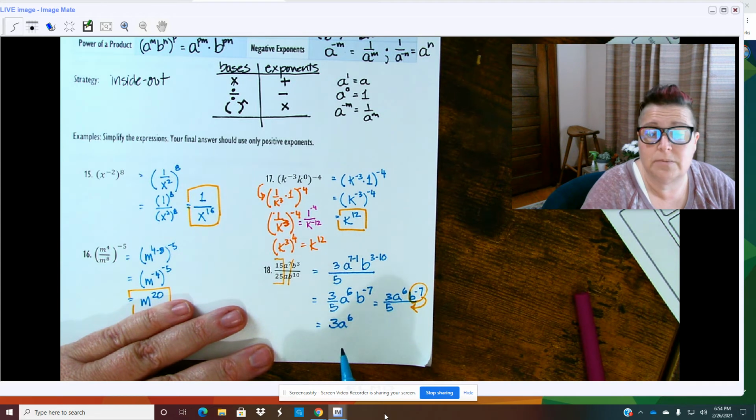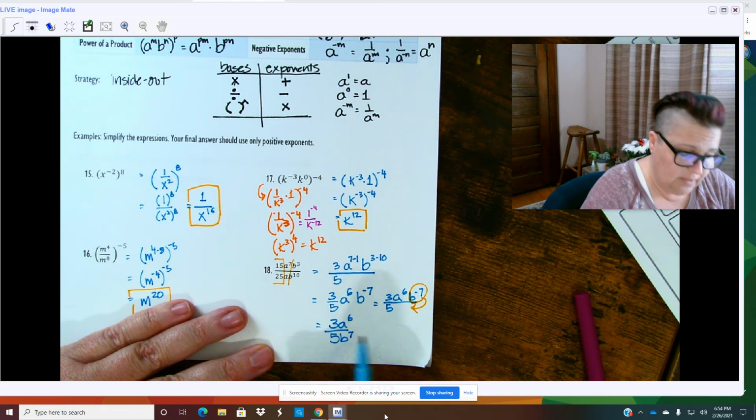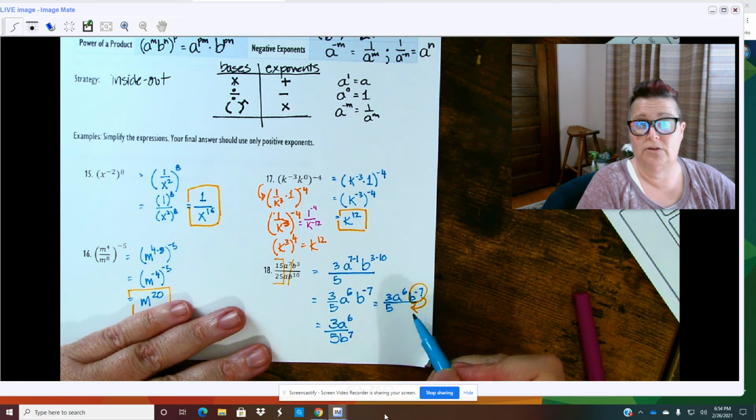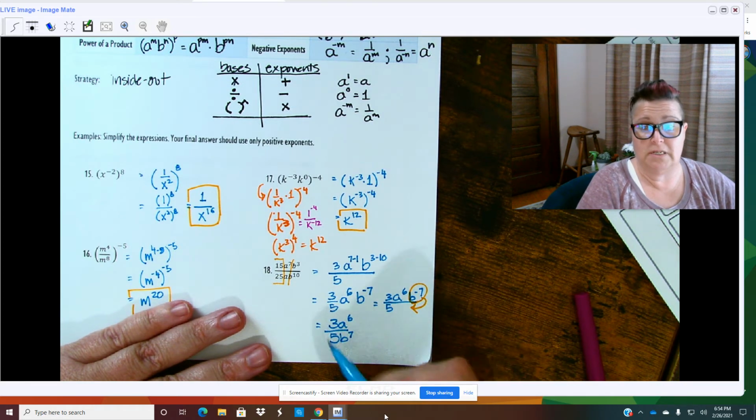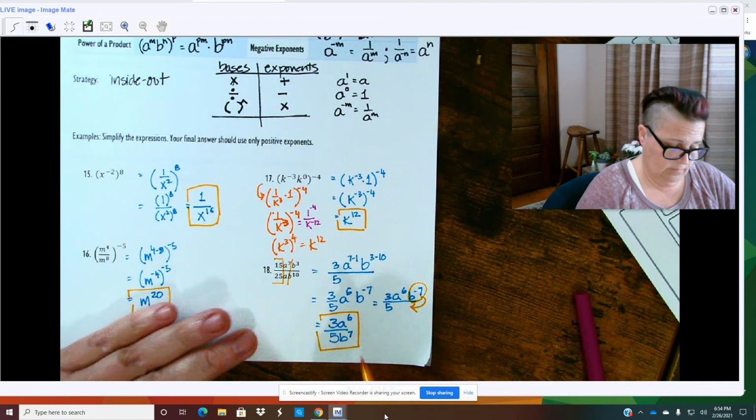That was a positive exponent. It can stay right where it is. Over 5b to the 7th. And now that I've moved it from the numerator to the denominator, I don't need to put a negative on it anymore.